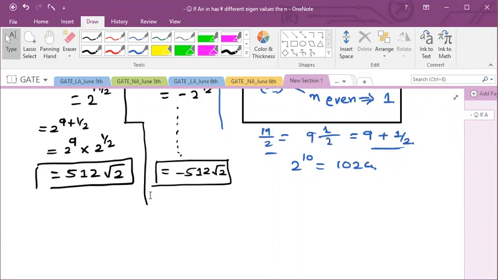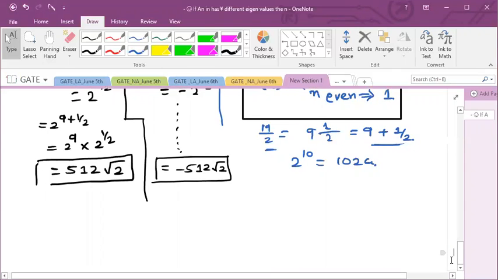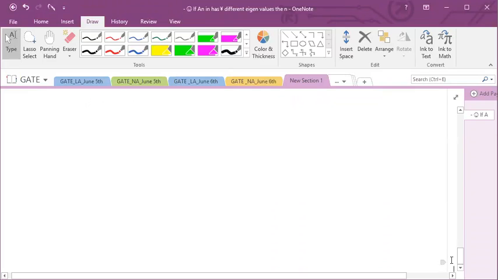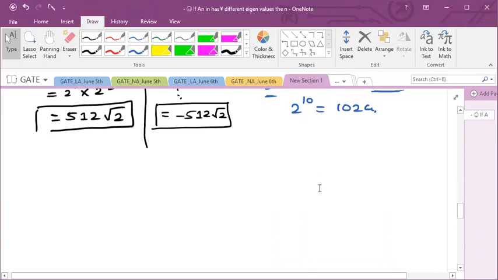Okay, so question number 4. Now see, it is also a good question. A 3 by 3 matrix has eigenvalues minus 1, 0, 1.